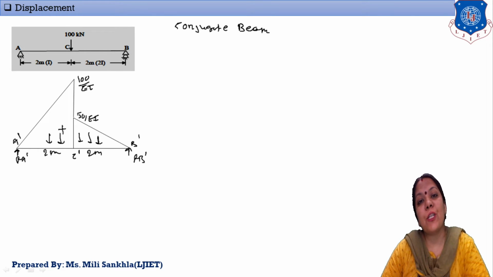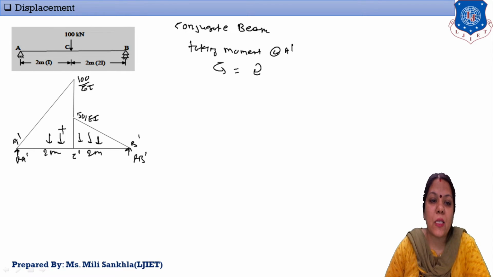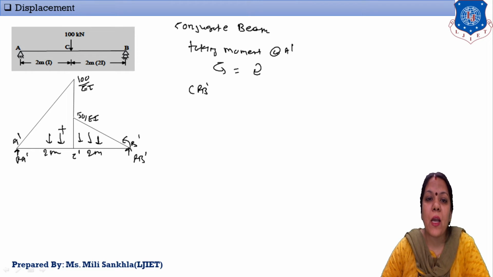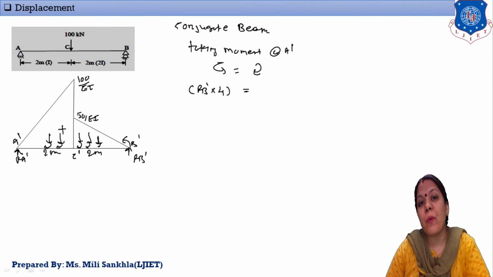Support reactions are found with respect to a reference point. So mention here, taking moment about A dash, and compare anti-clockwise moment with clockwise moment. About A dash, this support reaction is rotated anti-clockwise, so on the anti-clockwise side, RB dash into distance 4 meter, and all the given forces rotate clockwise. With respect to A, the given load is on the right hand side, and all clockwise moments are positive.